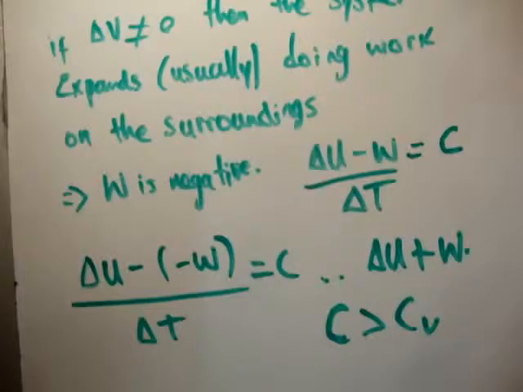Usually it's going to expand, and if it expands, the specific heat is greater than the specific heat at constant volume. We'll see in a moment that what we're actually talking about here usually is the specific heat at constant pressure. Now, of course, if the system gets smaller, so it compresses or contracts, then this does not hold. But where the system expands and the volume change is non-zero, then you have to put in more heat in order to change the temperature.